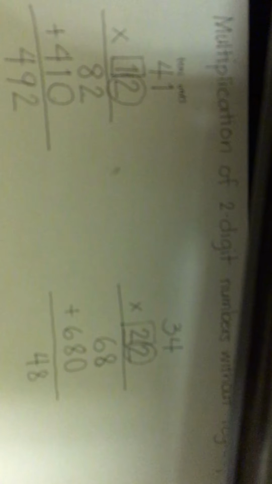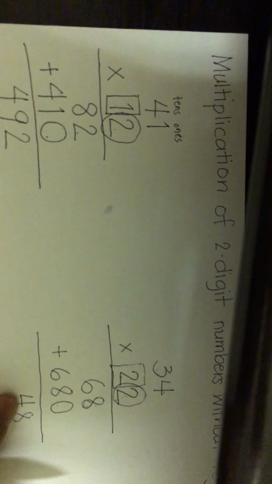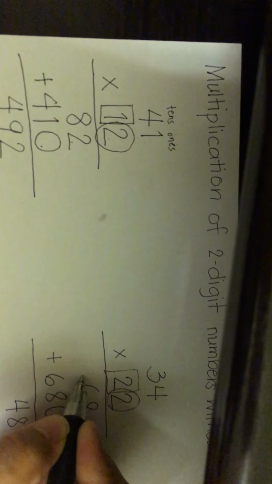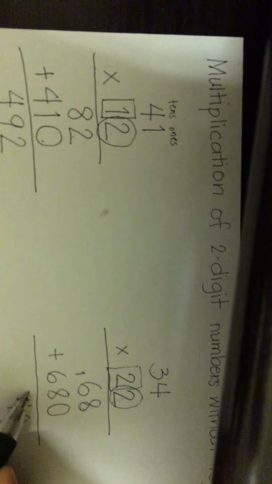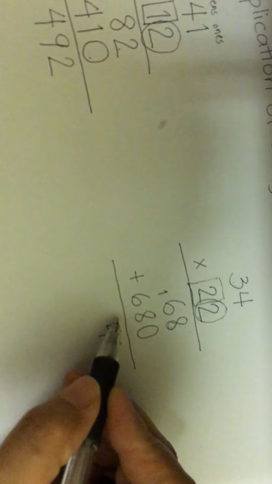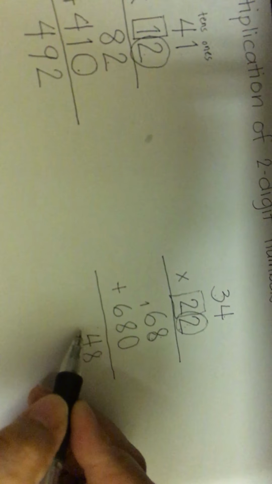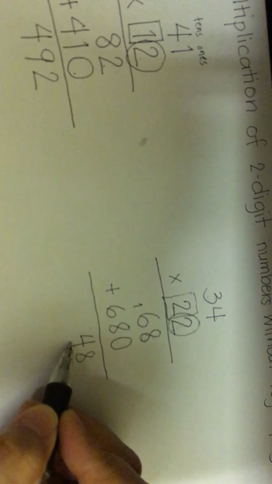We write the 4 here and the 1 up to the next group of numbers, because you cannot write 14 in one place. It will be wrong. So you write 4 and then 1 up.